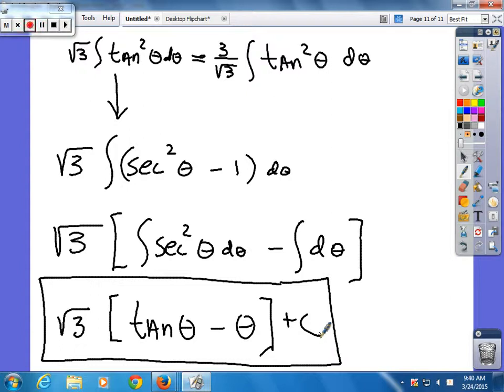All right, let's try one with the sine, or we did one with the tangent, we did one with the secant. Let's see if there's one in the book, a squared minus x squared. I'm looking, just give me a minute.